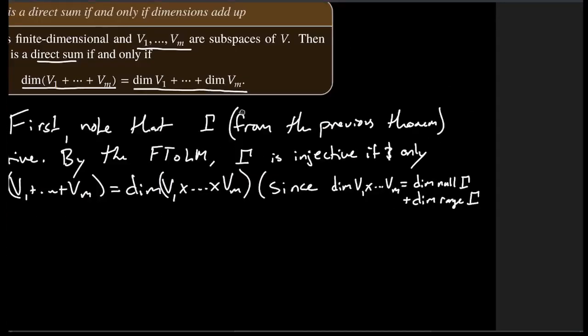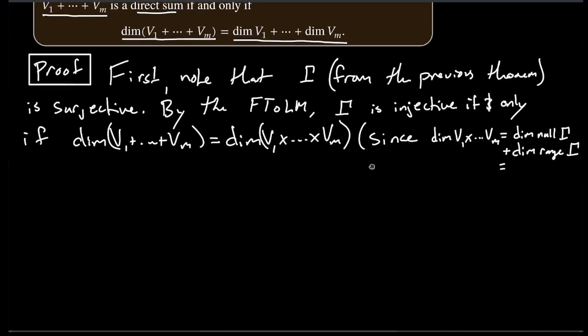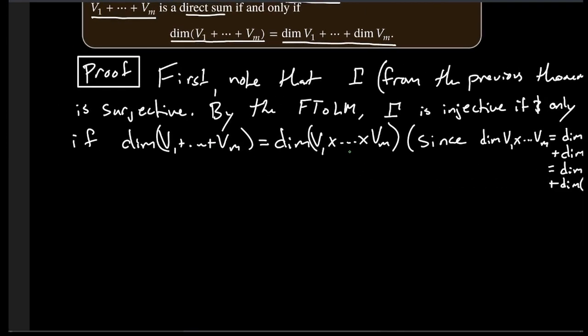That sum. Okay, cool. So we got it right there, which in this case, it is surjective. So this is dim null gamma plus dim V1 plus dot dot dot Vm. Okay, so that's the little parenthetical reason why. Notice, injectivity would mean that this null space has dimension 0, since gamma is linear. That gives us that this condition must hold. Okay.